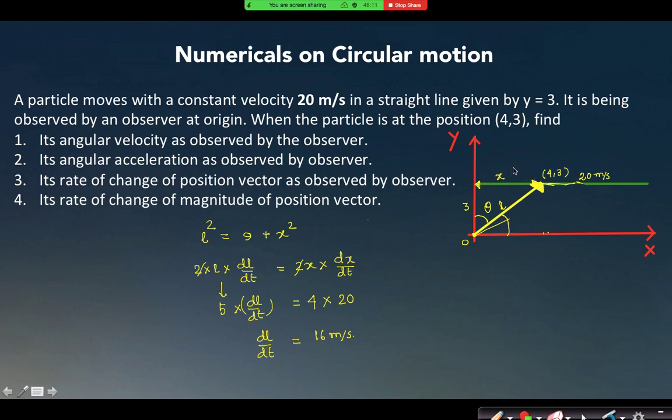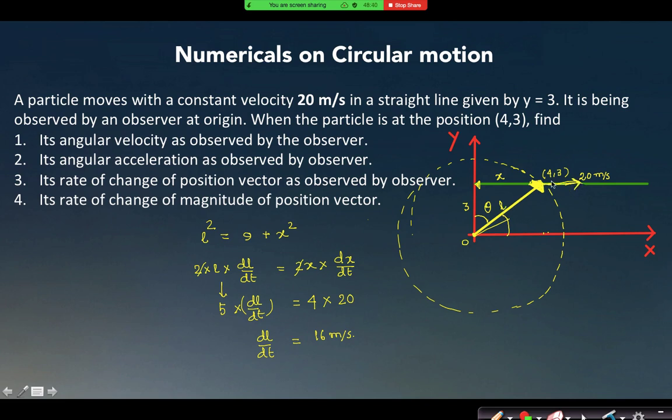at this particular instant, I will assume that the particle is moving in a circle, in a circular path like this. But the velocity of the particle is not along the tangent to the circle. The velocity of the particle given in your question is along this line.